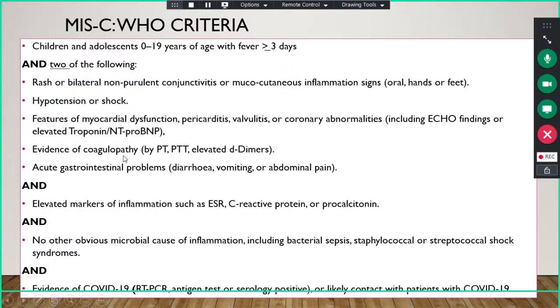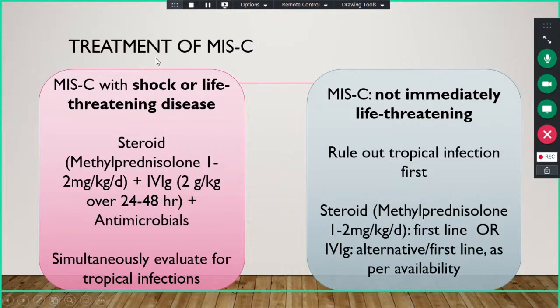So one is clinical features, laboratory markers, ruling out other causes which can explain these abnormality, and evidence of direct or indirect evidence of infection due to COVID-19. These patients, as I said, this is a new disease diagnosed in children and occurs after 2 to 6 weeks of COVID infection.